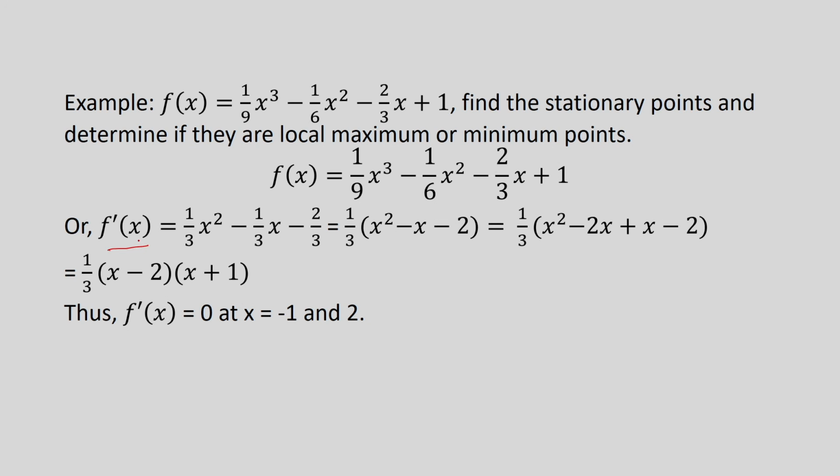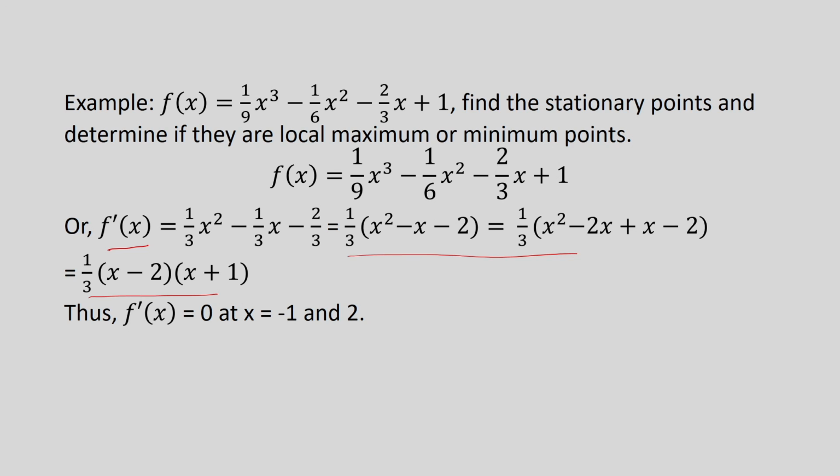For that, we take the first derivative. The first derivative gives me 1/3 of x square minus 1/3 of x minus 2/3. So, this boils down to 1/3 of x minus 2 multiplied by x plus 1. I am just skipping some steps.